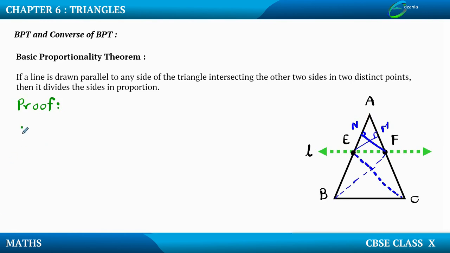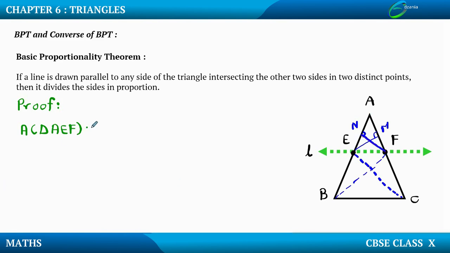So I can say area of triangle AEF. We're talking about area as of now. See how we are going to prove this. What is the area of a triangle? Area of a triangle is half into base into height. So if I select AE as the base, NF will be the height.